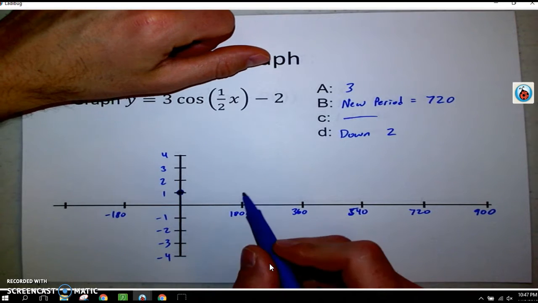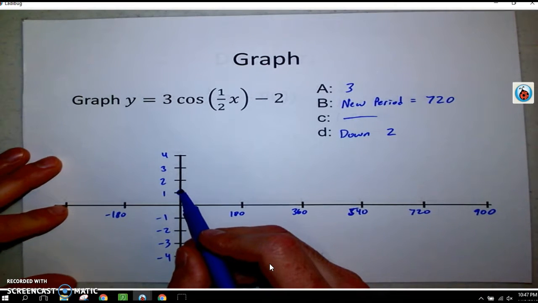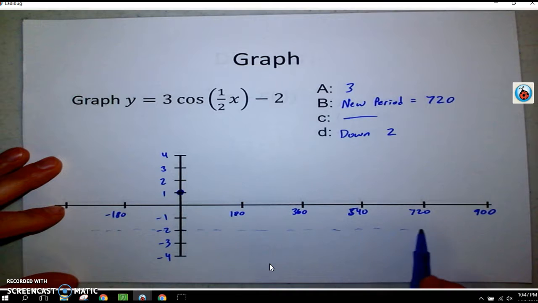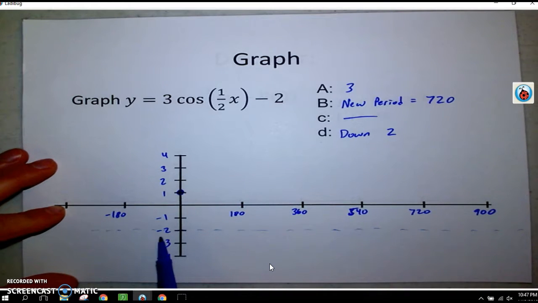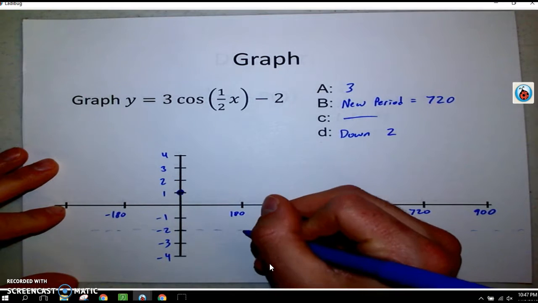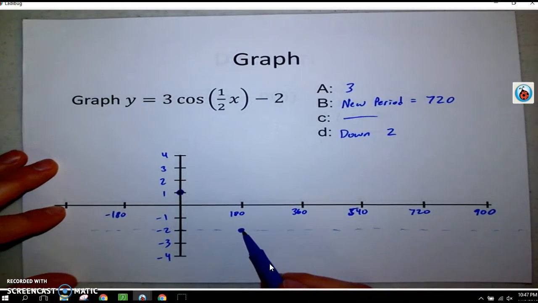Now for my next point, I have to realize that my amplitude is 3. So since my amplitude is 3, and this is a maximum point right here, I'm going to draw a little dashed line here along y equals negative 2, because that will be the middle of my cosine function here. So as I go over to my next value at 180, I will go from my maximum to the middle of the function, right here.